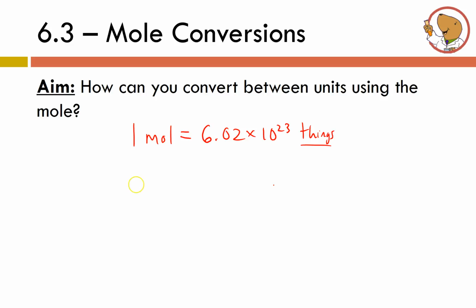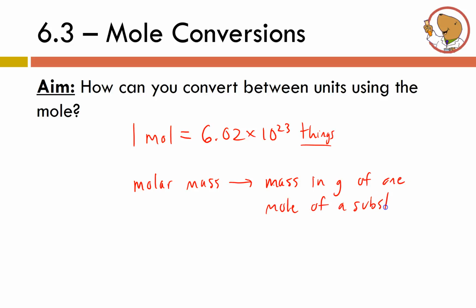In the previous lesson, we talked a little bit about molar mass. And we know that that is the mass in grams of 1 mole of a substance. So hopefully it goes without saying that different substances are going to have different molar masses.